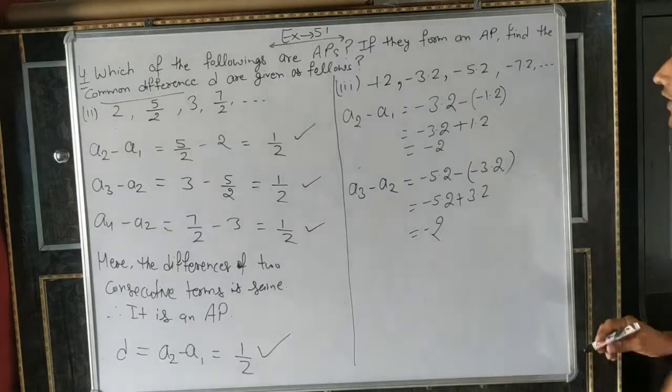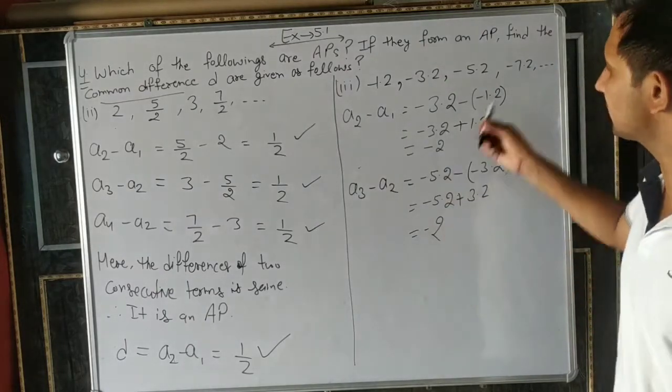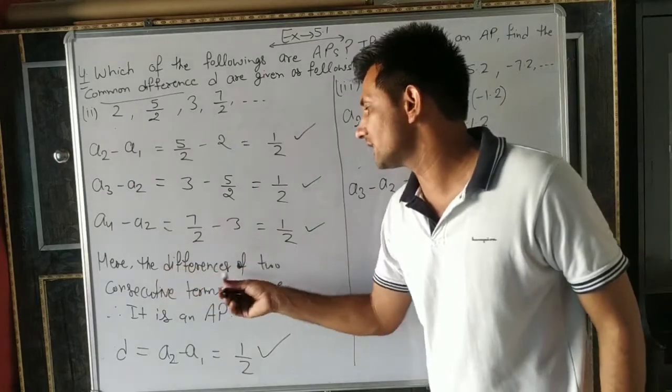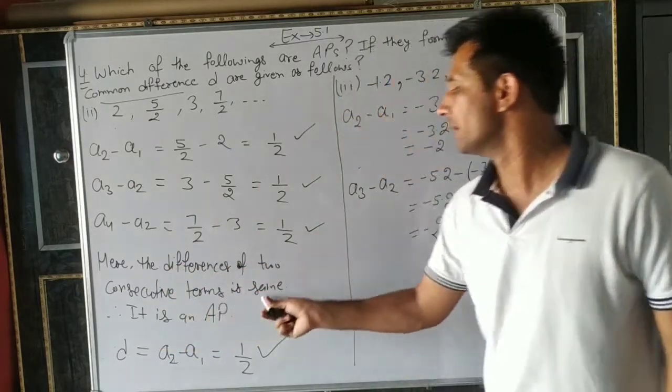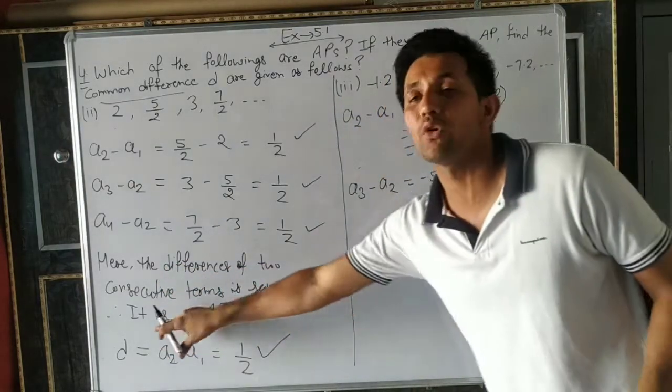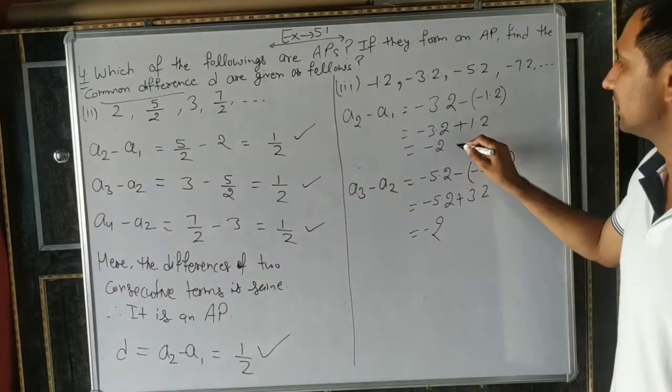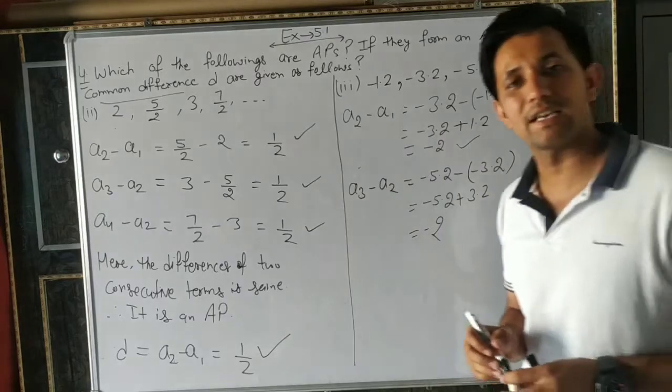Same way you can find a4 minus a3, and you will write here that the differences of two consecutive terms are the same. Therefore, it is also an AP. d is a2 minus a1, which is minus 2. Understand, dear?